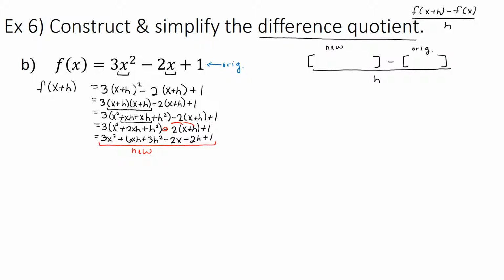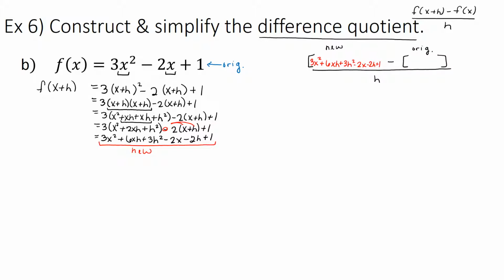And so we carefully plug in our functions. Our new function is 3x squared plus 6xh plus 3h squared minus 2x minus 2h, and I ran out of room, plus 1.